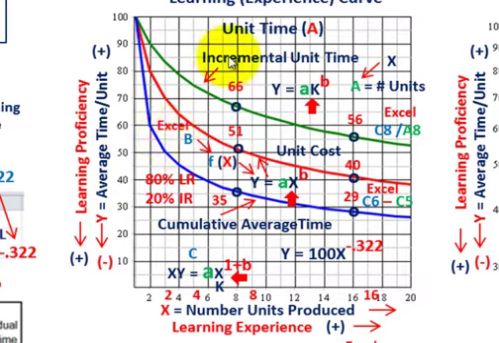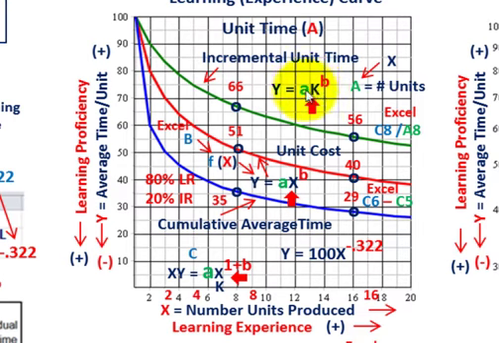Okay, so looking at our unit time, that was our average unit time. For our incremental unit time model, I'm showing that as our green line, and let's go through that. It would be y equals a, the cost of the first unit, times k raised to the exponent b, our learning. It's based on the number of units we're producing, but you'd have to go back and look at calculating it. It's a big calculation to determine your k, based on midpoints of units on the curve and so forth.